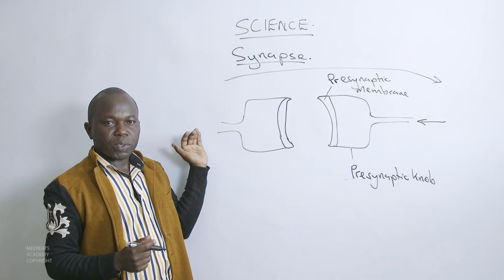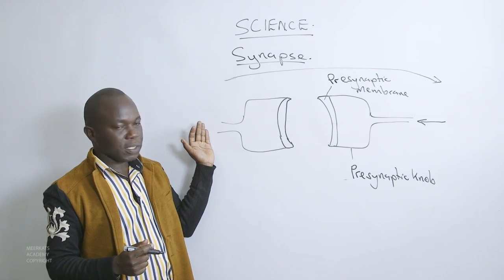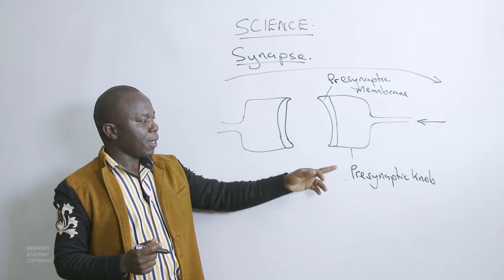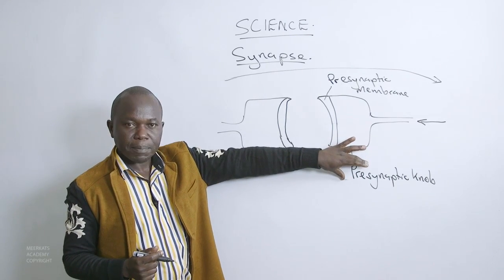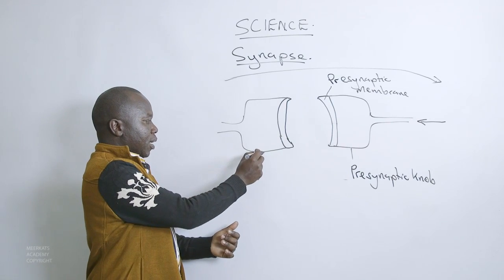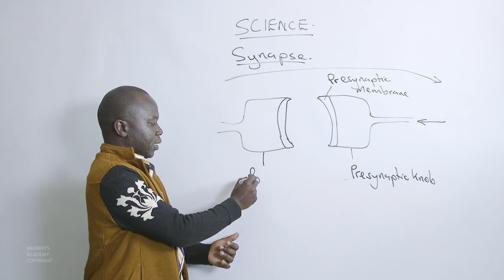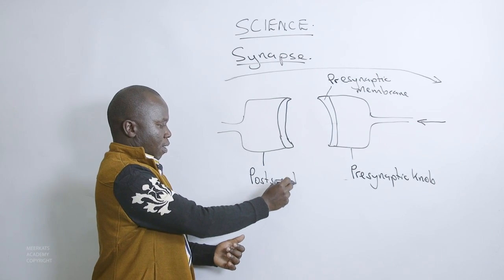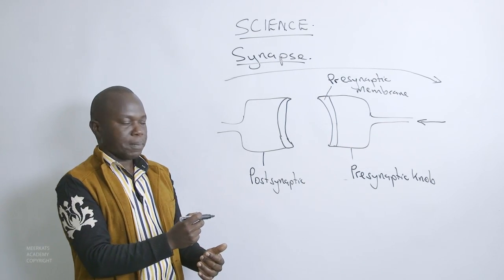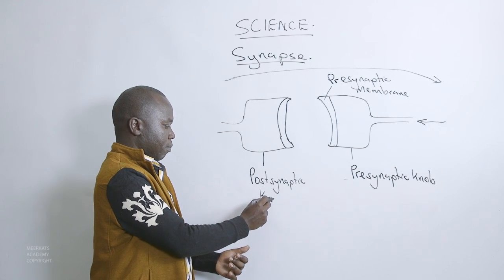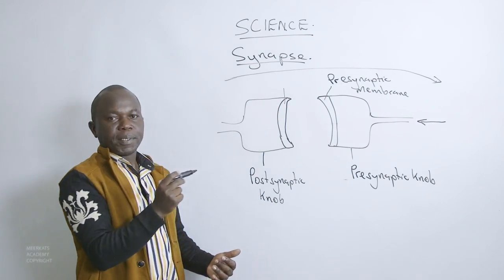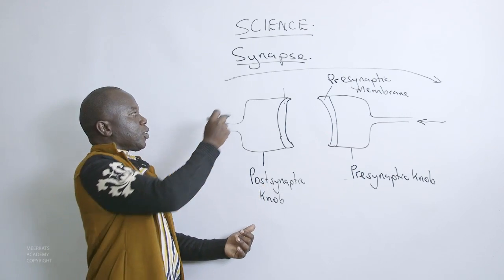But suppose the impulse was flowing in the other direction, then that one becomes presynaptic. Because this is the presynaptic knob, we shall label this one as postsynaptic knob. And then that one becomes the membrane after this name, post.